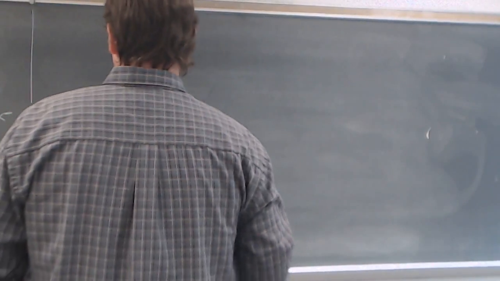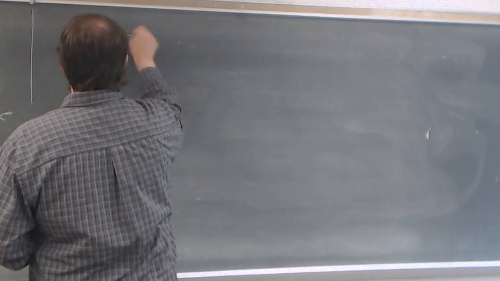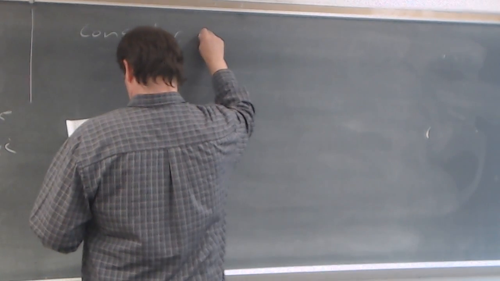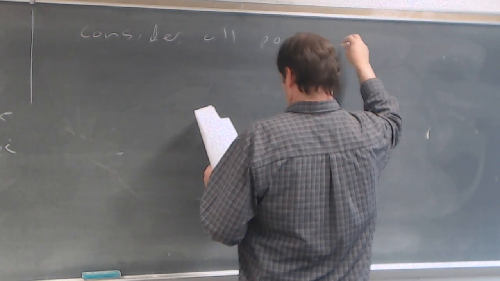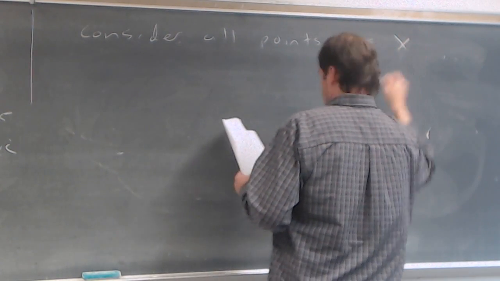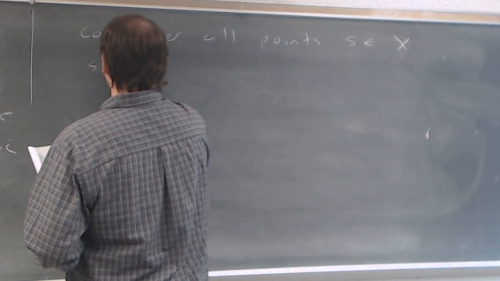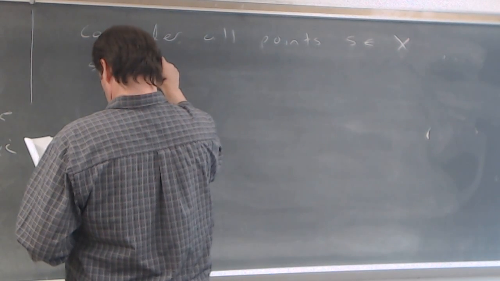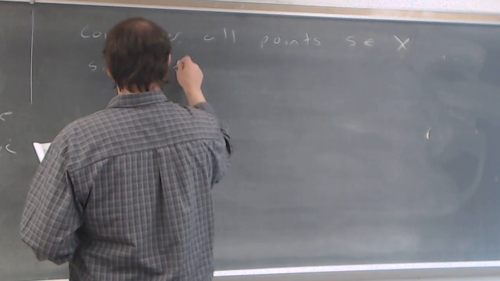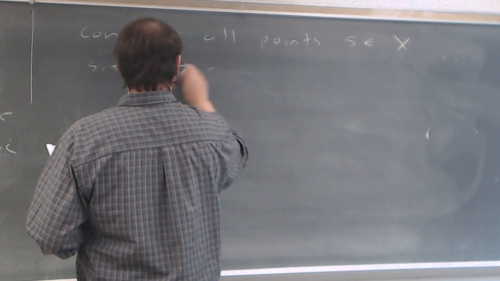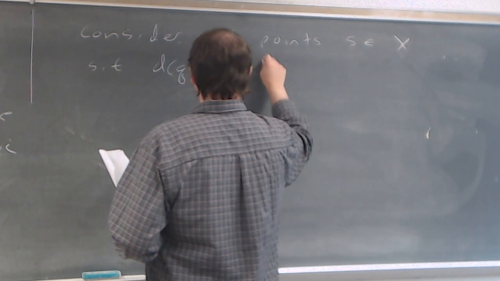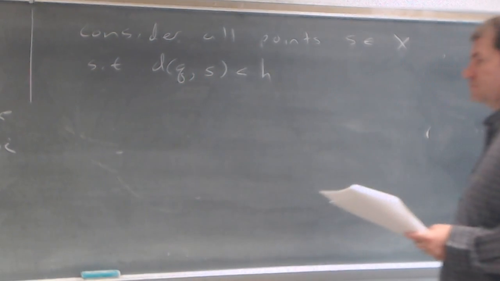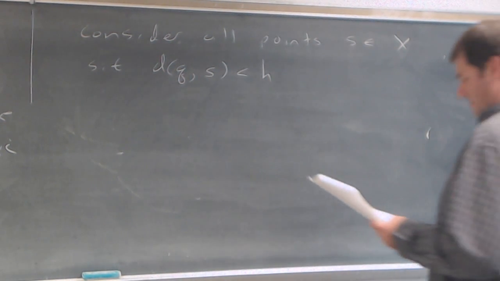What we're going to do is consider all points S, an element of X, such that the distance between Q and S is less than H. Okay? Think about all these points.